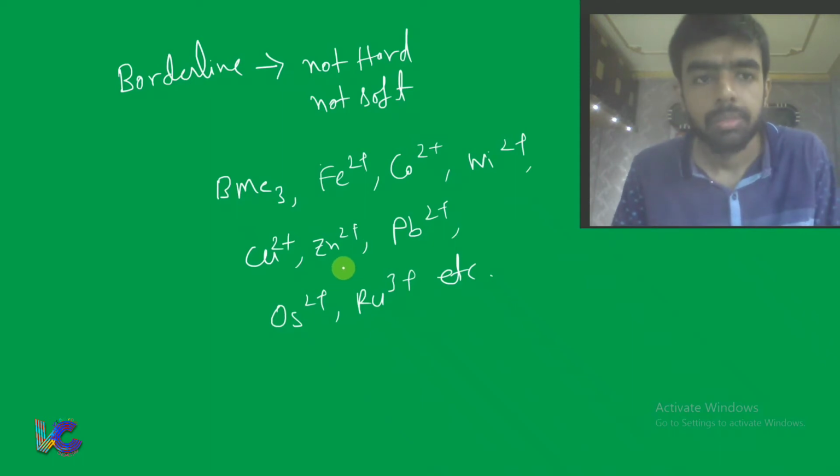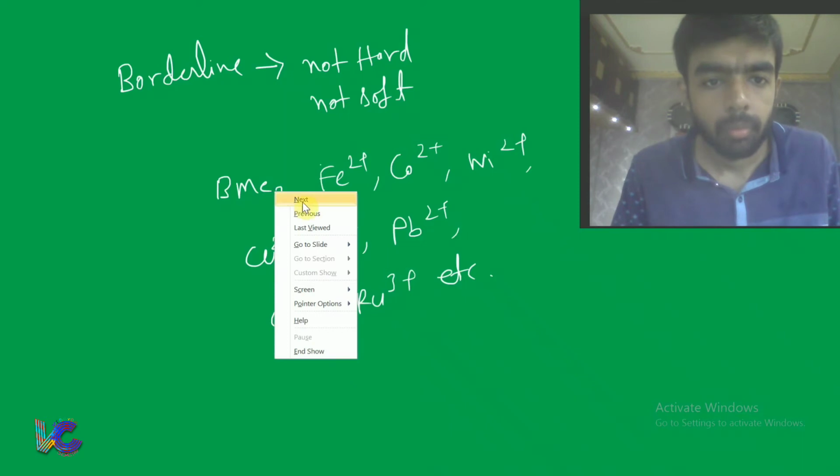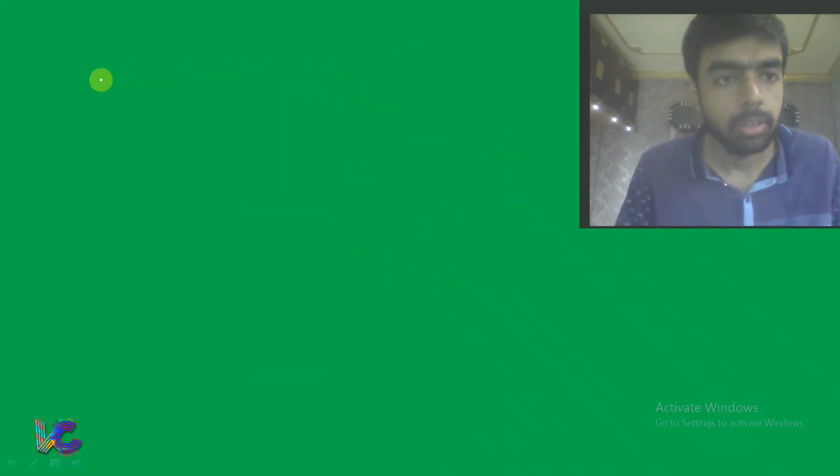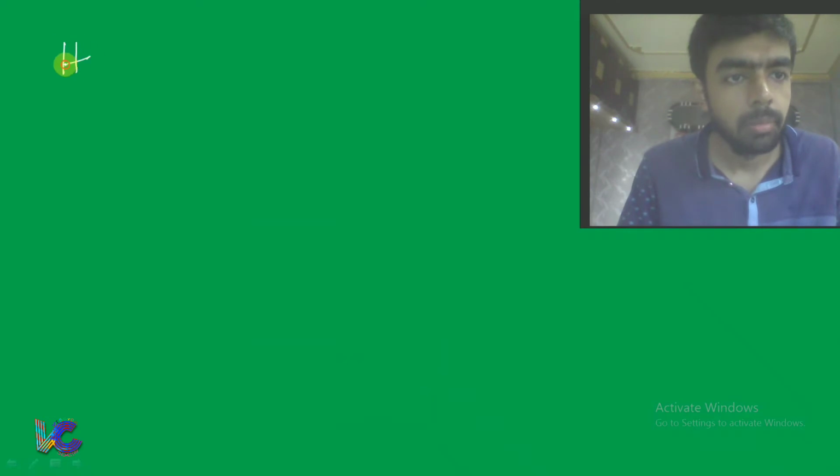Okay, now we will see the bases, that means the donor atom. So first let's see the hard base.